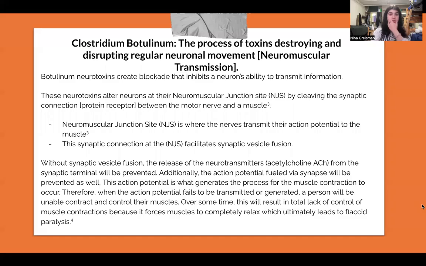And so what occurs when botulism is at play? The process of these toxins destroying and disrupting this regular neural movement at neuromuscular transmission sites. As I mentioned previously, these neurotoxins create these blockades that inhibit a neuron's ability to transmit this information. And these neurotoxins alter neurons at their neuromuscular junction site by cleaving the synaptic connection, the protein receptor, between the motor nerve and a muscle.